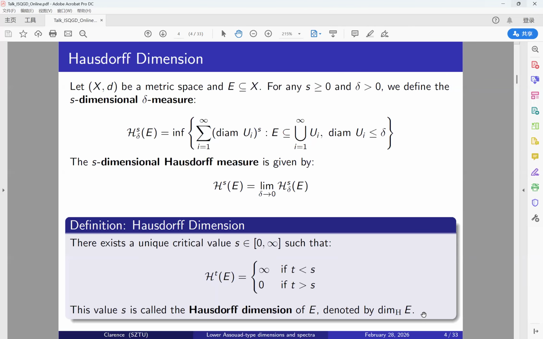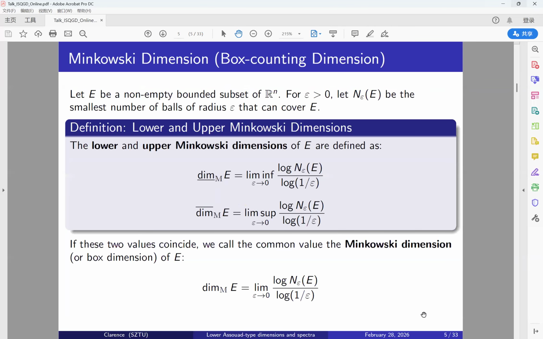Compared to the Hausdorff dimension, another dimension is called the Minkowski dimension or box-counting dimension. In this talk, I may use box dimension and Minkowski dimension interchangeably. Let's have a quick review of the Minkowski dimension.